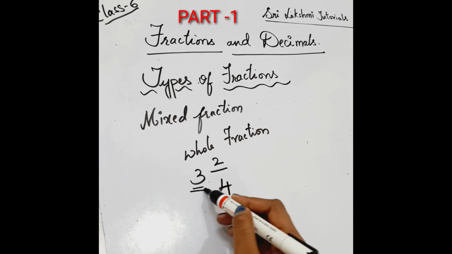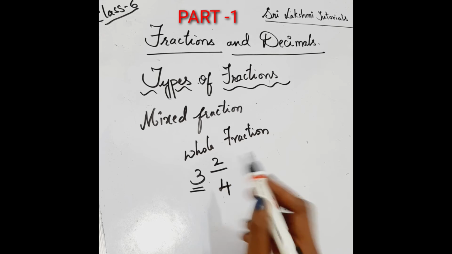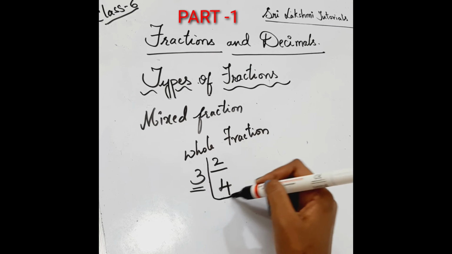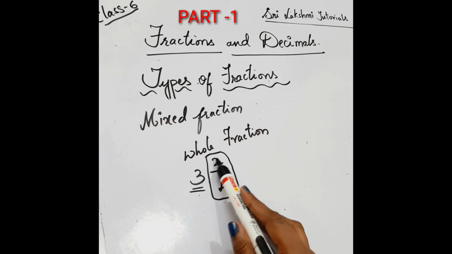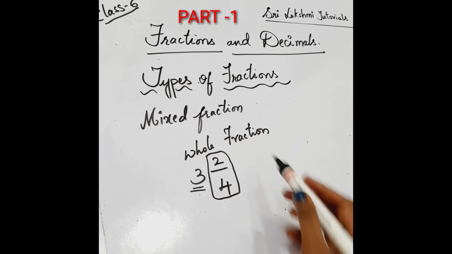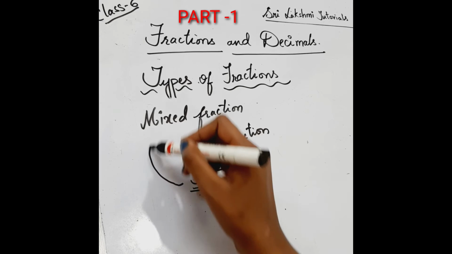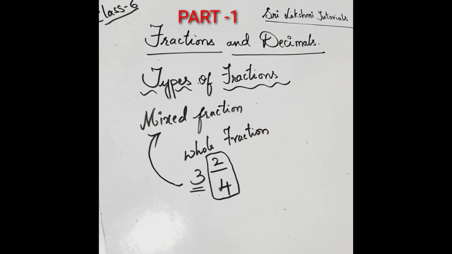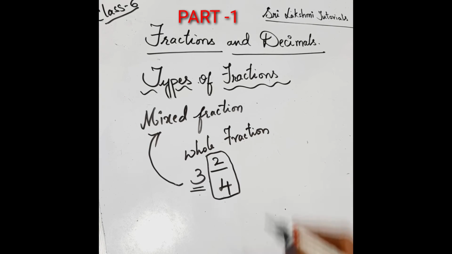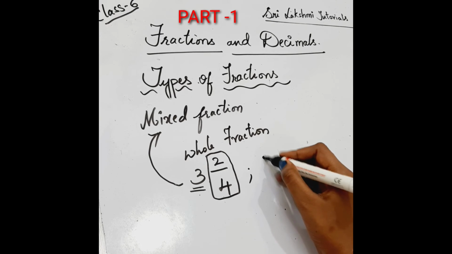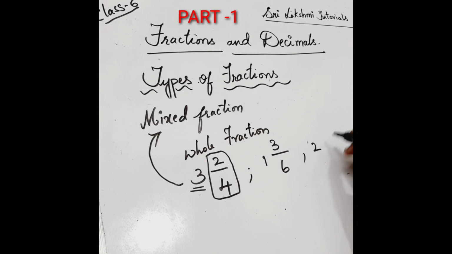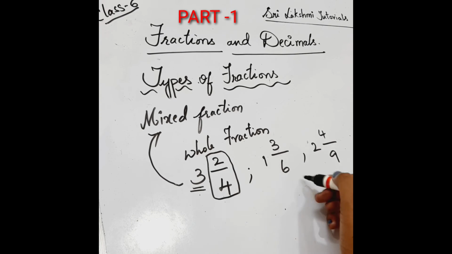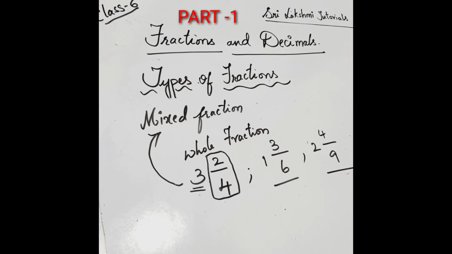Now 3 is a whole number, and the fractional part is 2 by 4. So 3 2 by 4 is a mixed fraction. One more we'll see: 1 3 by 6, 2 4 by 9, and these are all called mixed fractions.